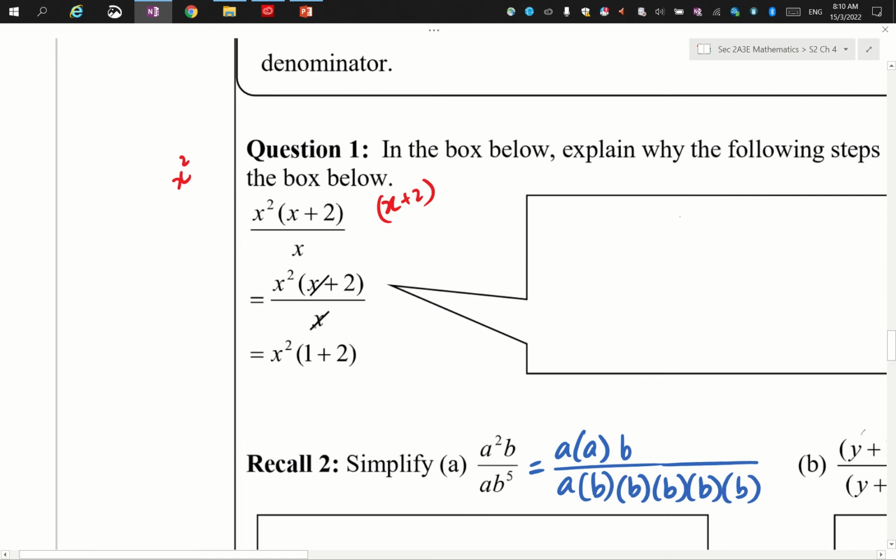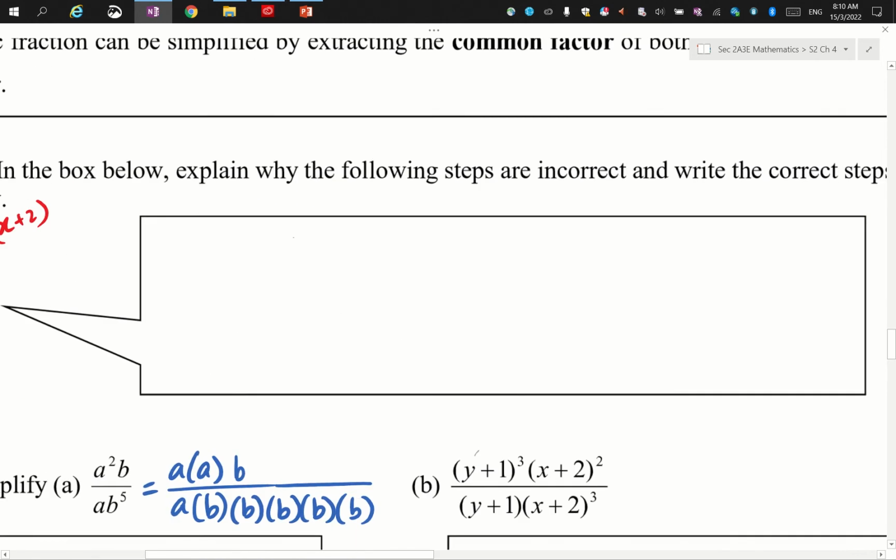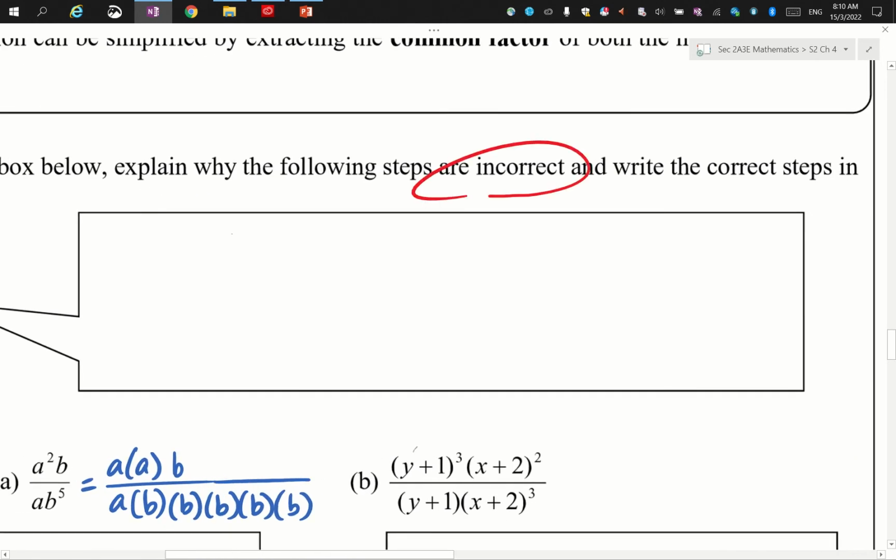It shows that this person is trying to cancel away the 2 x's over here, and therefore resulting in x squared times 3. If we were to continue the working, it will look like this, 3x squared. And apparently, this is wrong.